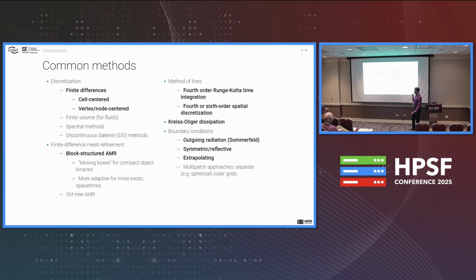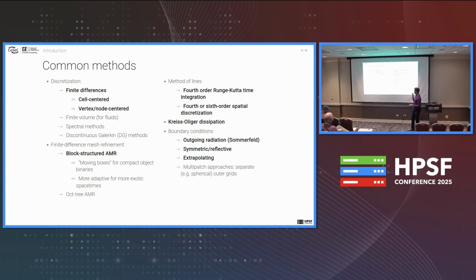And even older codes that use block-structured mesh refinement, I mean, maybe adaptive was too strong a statement, because what they actually did was a moving boxes approach where they centered boxes around the black holes, tracked the centers, and just moved the boxes around. It wasn't very adaptive in the sense that it was looking at errors or using some other more complicated criterion. But libraries like AMReX, we need for more adaptive mesh refinement for more exotic spacetimes and more weird matter than the more conventional binary black hole case.